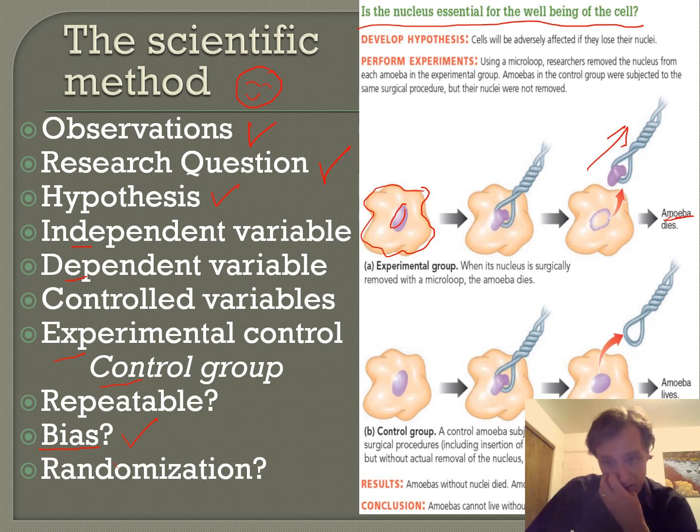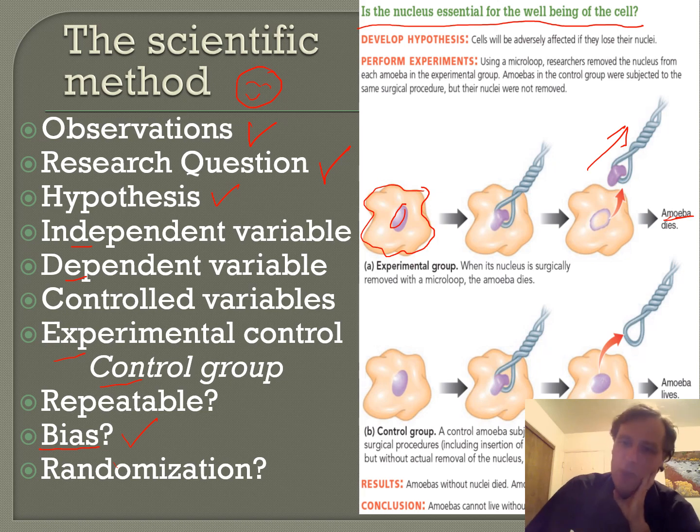And so they might be tempted to conclude right away that if you take out the nucleus, then the cell is going to die. The problem with that conclusion is as follows.